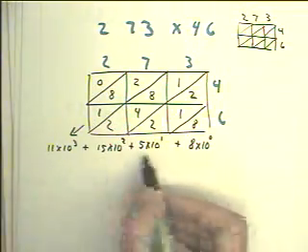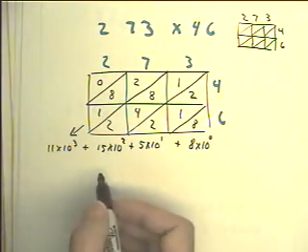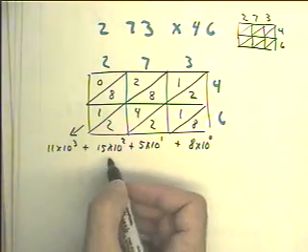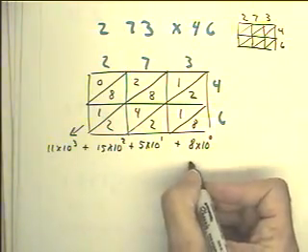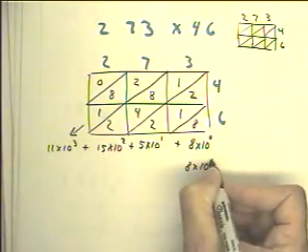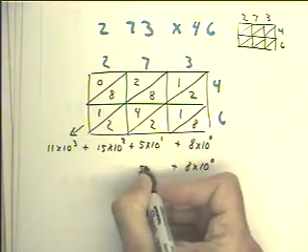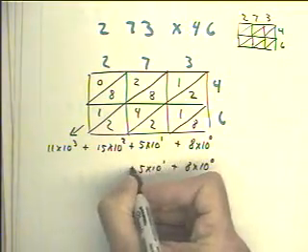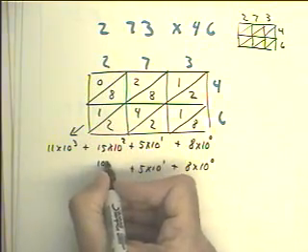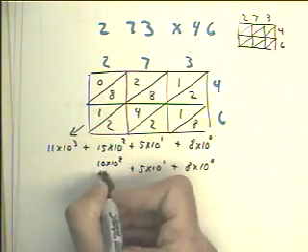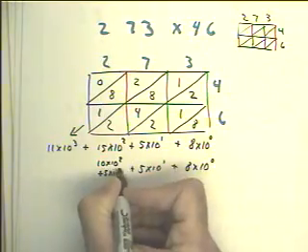Now when we add these numbers up, well, we could actually add the numbers up, but we're going to regroup them in order to write this number as a power of 10. We got 8 times 10 to the 0. We have 5 times 10 to the 1. Now 15 times 10 to the 2 is really 10 times 10 to the 2 plus 5 times 10 to the 2.